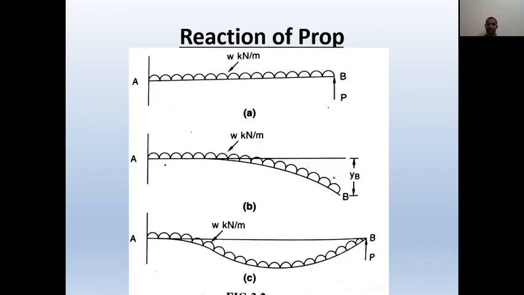Just like in the previous slide, we are removing the prop and allowing the cantilever beam to deflect by some YB amount. Similarly, the cantilever beam without loading and subjected to only the prop is allowed to deflect upward, and equating both of these you will get zero deflection.